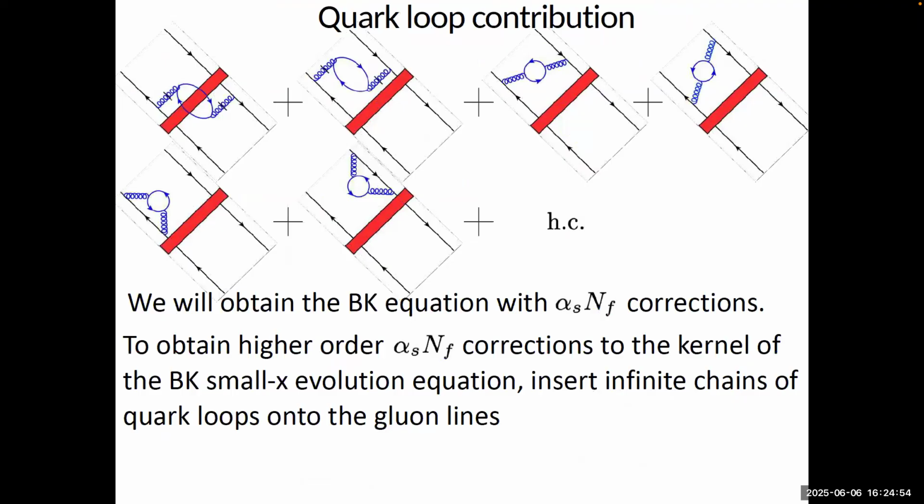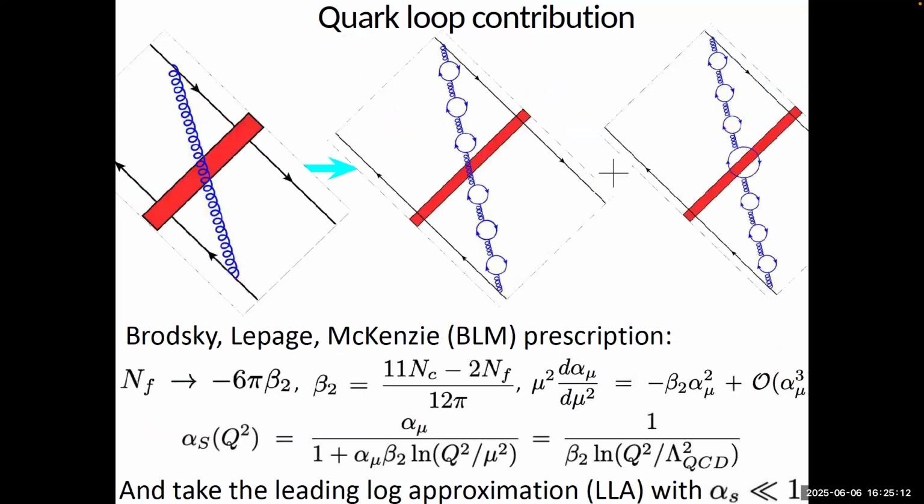Then what we will obtain is an equation that has terms that are proportional to alpha s times nf. But we still need to obtain higher order corrections. So we will apply the Brodsky-Lepage-Mackenzie prescription.